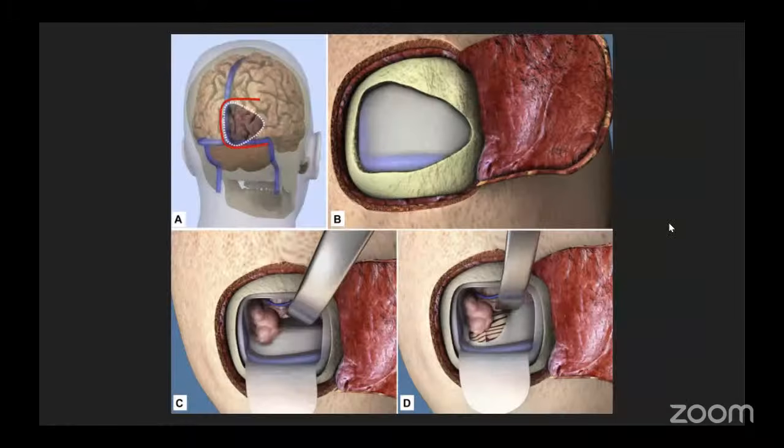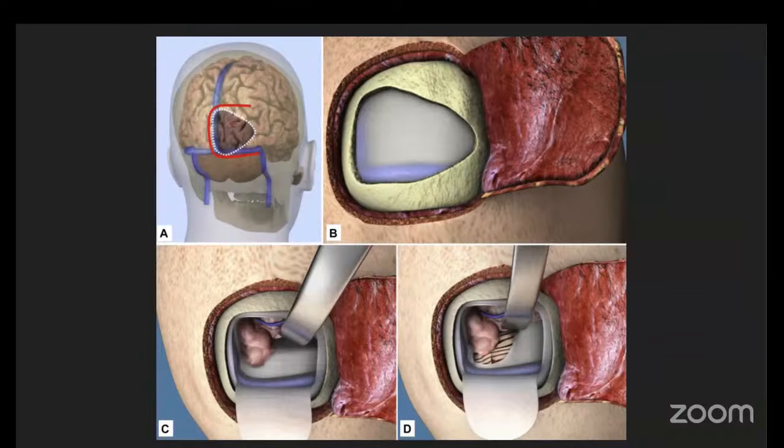This is an image of occipital transtentorial approach. You can see that we are creating a craniotomy on one side using a hinge flap. And when we retract the occipital lobe, we are going to see the tentorial surface and the lesion. This approach can be used for falcotentorial meningiomas as well.